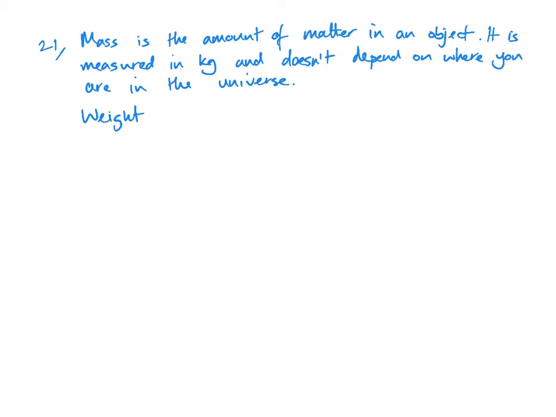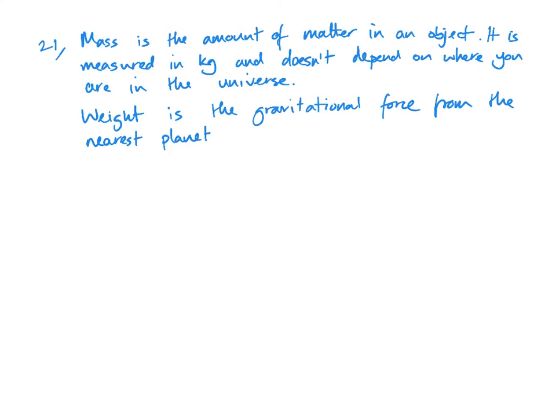Now there's a couple of ways of writing what we mean by weight. Right? They all mean the same thing, but just in case you see it written in different ways. But weight is the gravitational, and I'll use the word force, but you quite often see it written as pull, from the nearest planet, but it could be from a moon or from a star as well.